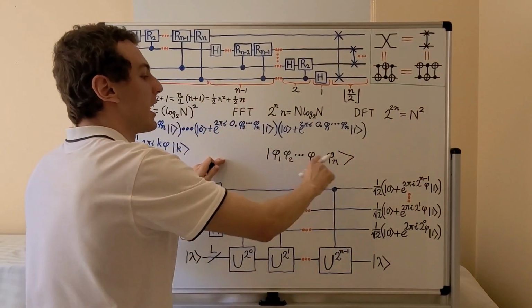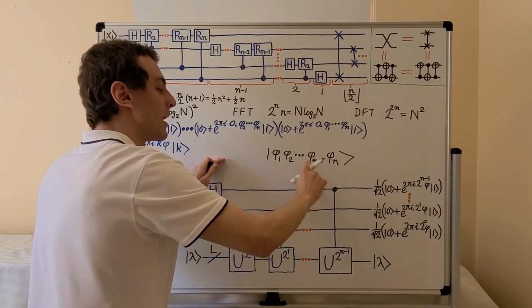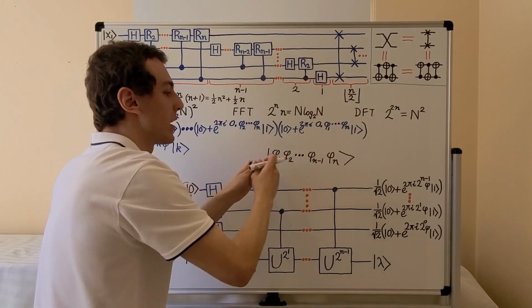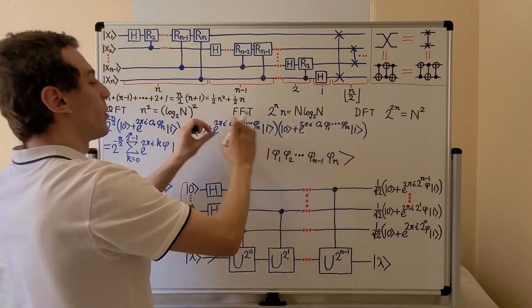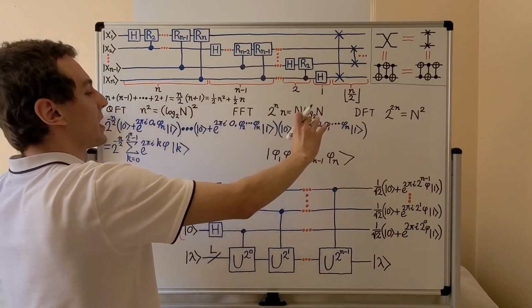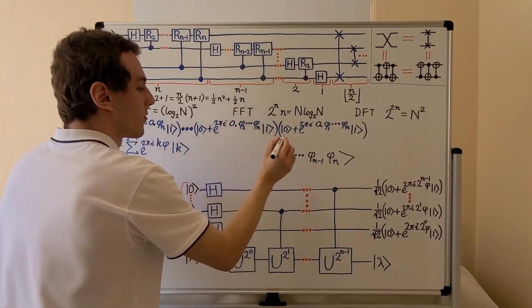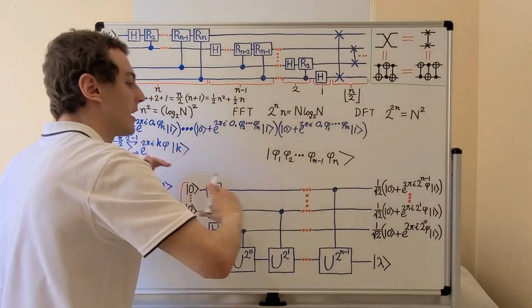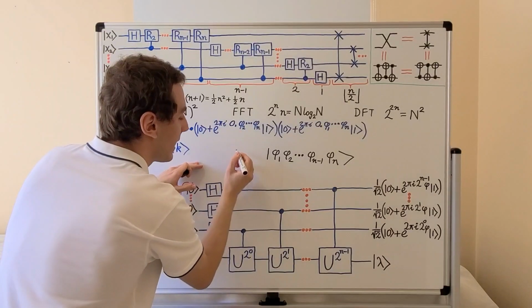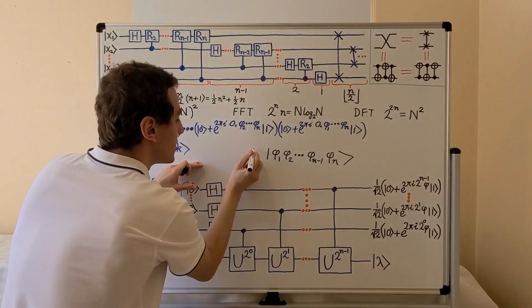So if we prepared an initial state in this form, where these are zeros and ones, we have a bit string, then if we applied the quantum Fourier transform to this, we would get this big expression over here. So to go from here to over here, we apply the quantum Fourier transform, and then to go the other way, we apply the inverse.